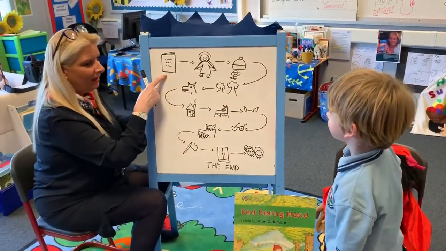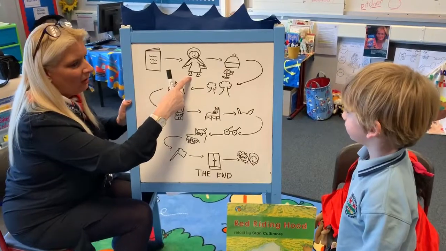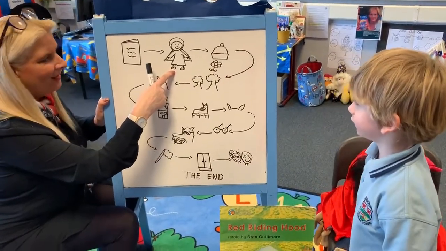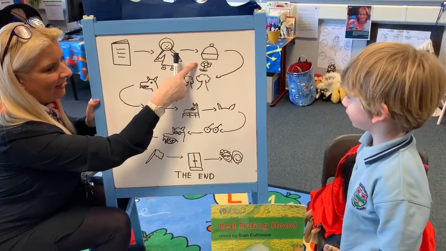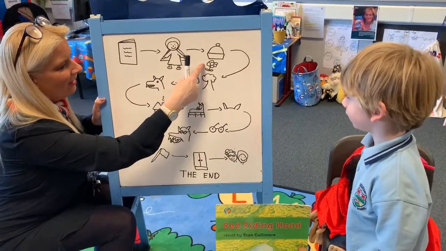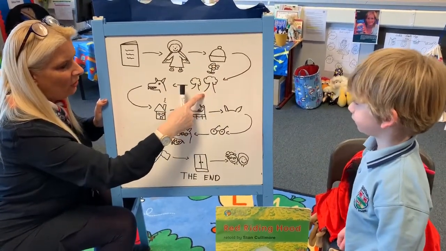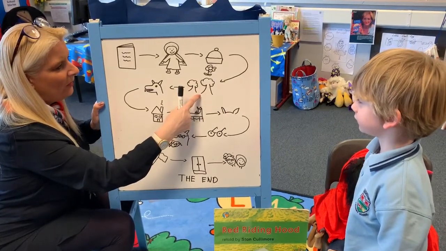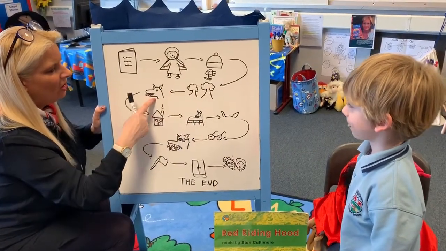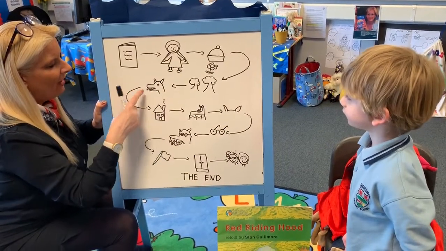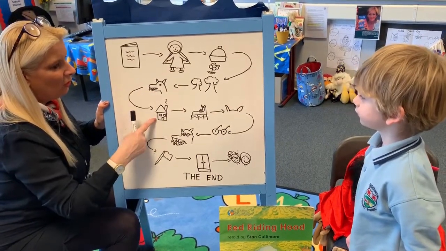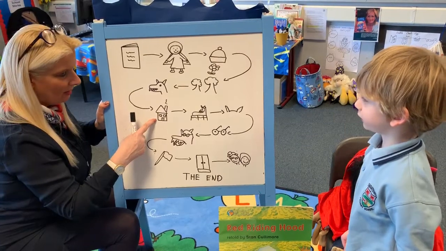It's a book. Who's in the book? Little Red Riding Hood. Good. What is she taking to Gran? A cake and a flower. Where does she have to walk through? The forest. The big dark forest. Who does she meet? A wolf. The big wolf. And then she tells the big wolf she's going to the cottage.